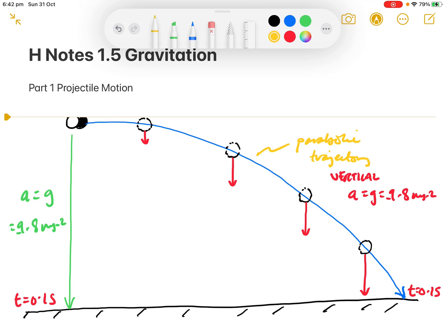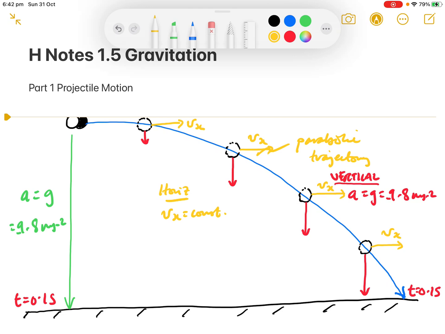Even although in the horizontal, there's a uniform velocity, Vx, let's say, which doesn't change throughout the motion. So whereas in the vertical we've got an acceleration for the parabolic path, in the horizontal we've got a constant velocity.